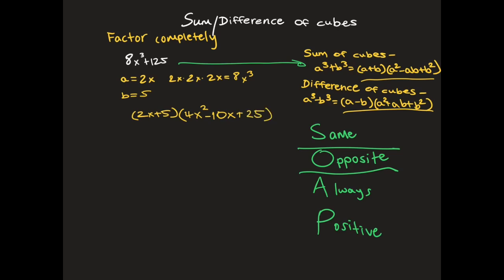So 8x cubed plus 125 is equal to 2x plus 5 times 4x squared minus 10x plus 25.